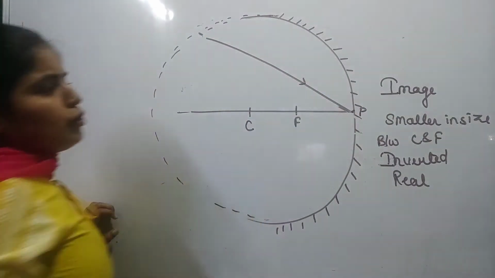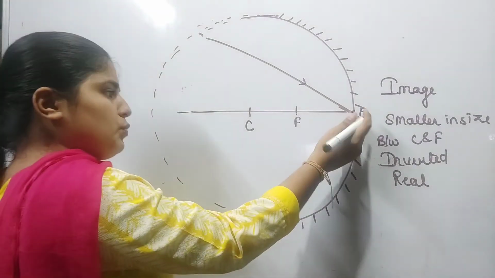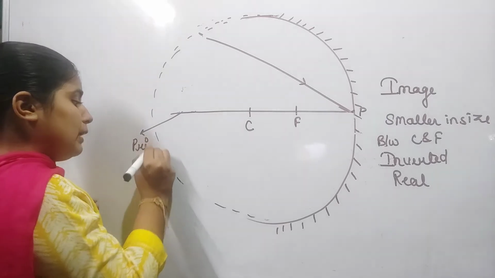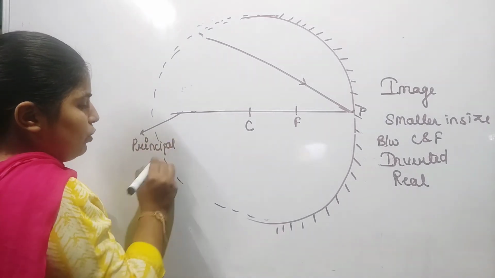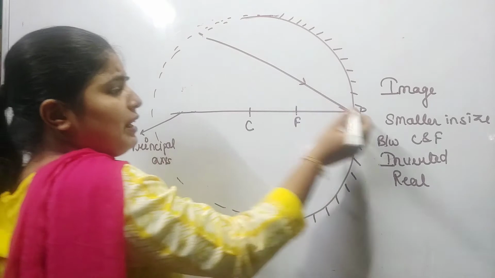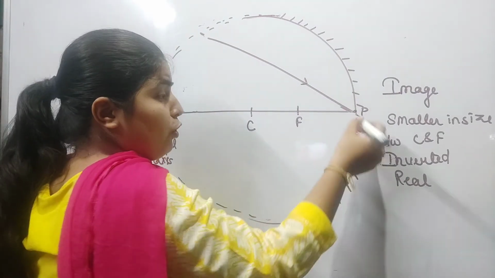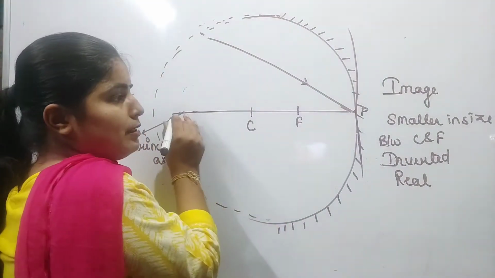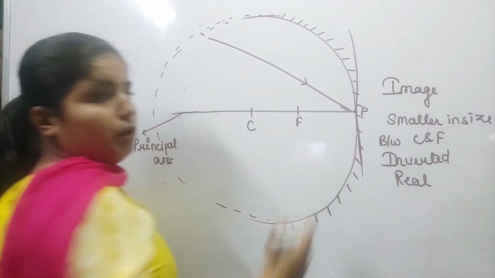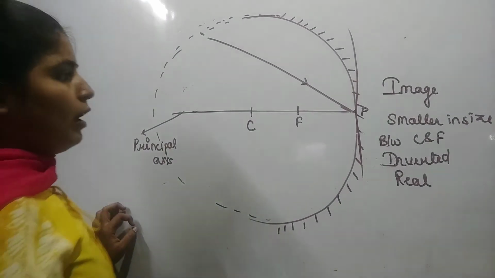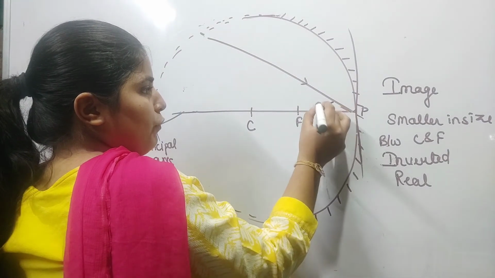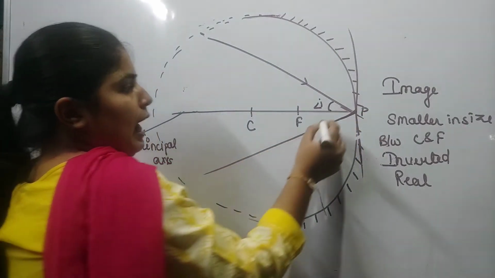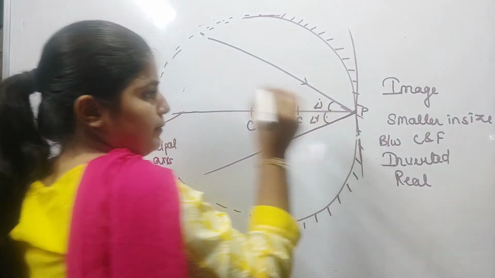The principal axis will act as a normal, because I have already explained that whenever a ray is incident on the pole, the radius is perpendicular to the tangent. So this will be the angle of incidence, and it will reflect by making the same angle as the angle of incidence.